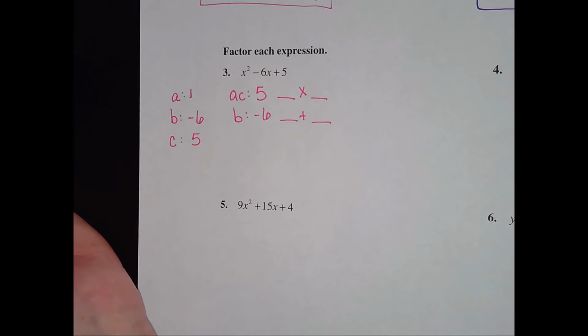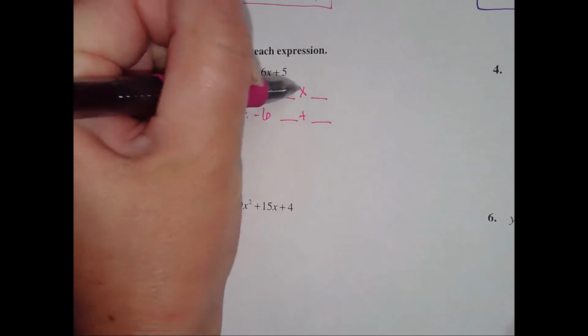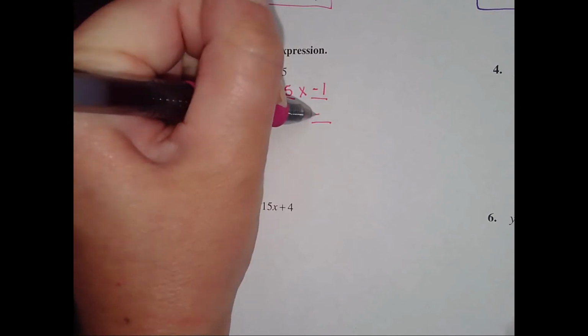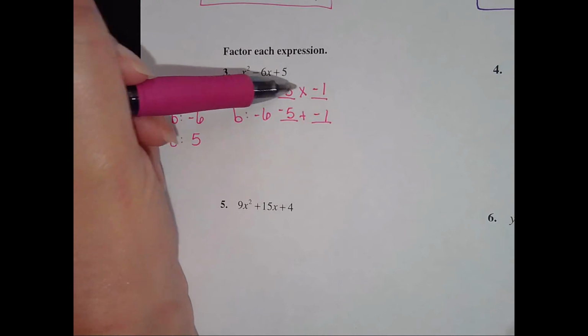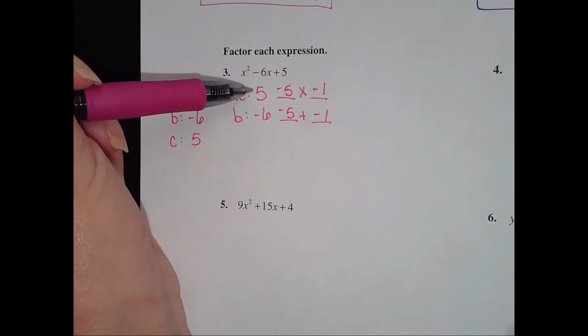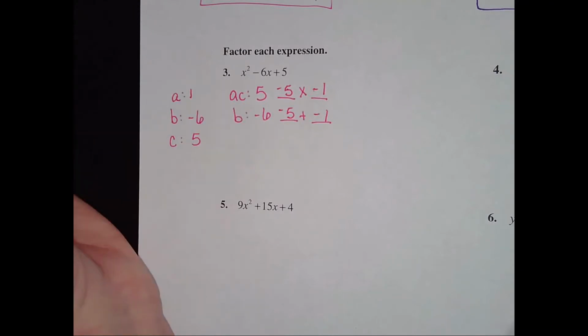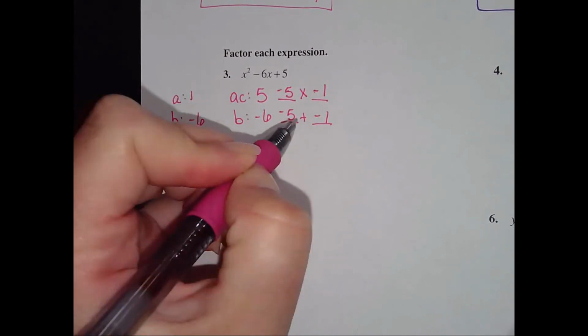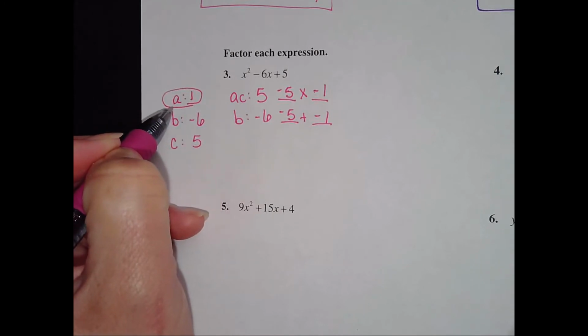So what are my numbers? 5 and 1, both negative. Negative 5 and negative 1. And I would recommend tomorrow, just double checking, plug this into a calculator. Is negative 5 times negative 1 a positive 5? Yep. Is negative 5 plus negative 1 a negative 6? Yes. In this case, now what you're going to want to do is check over here. If A is 1, you're done.